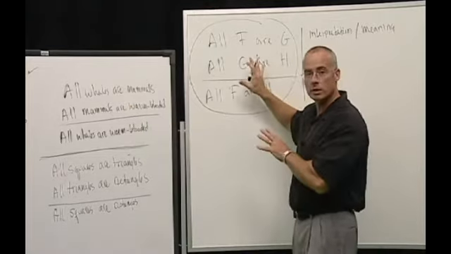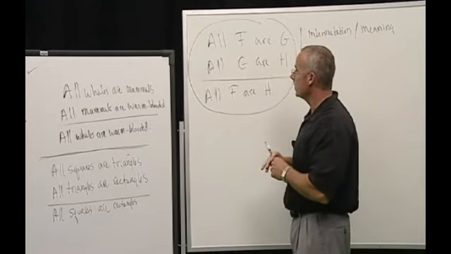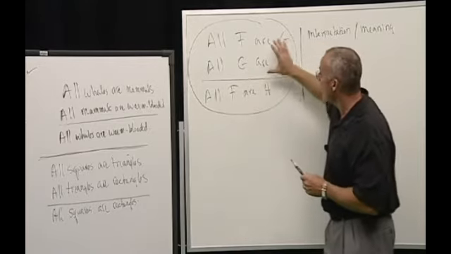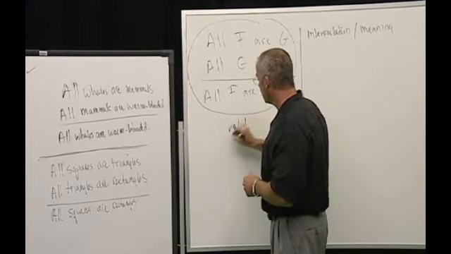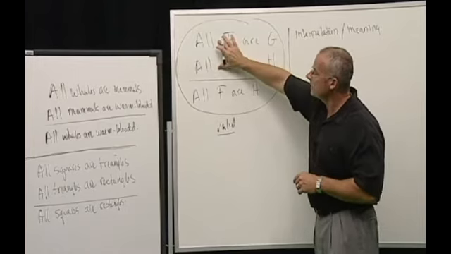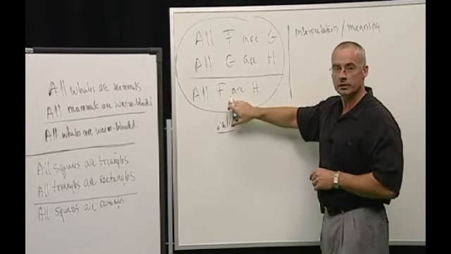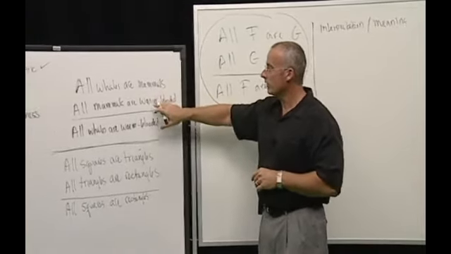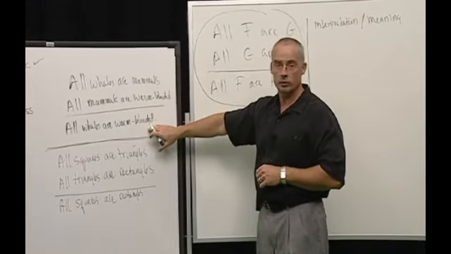This is like the grammar of language. We can study it on its own. We can determine whether or not certain argument forms are good ones. We happen to have here an argument form which we call a valid form. And what that means is that if these two claims are true, the following claim must be true also. The conclusion must be true also. Okay? If all whales are mammals and all mammals are warm-blooded, it's necessarily the case that all whales are warm-blooded.